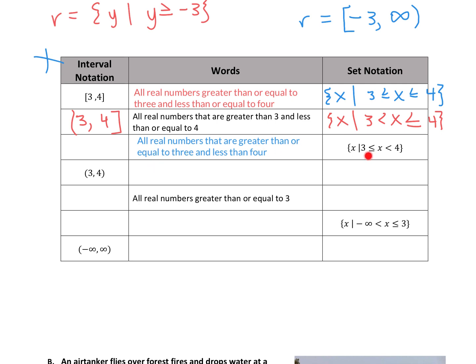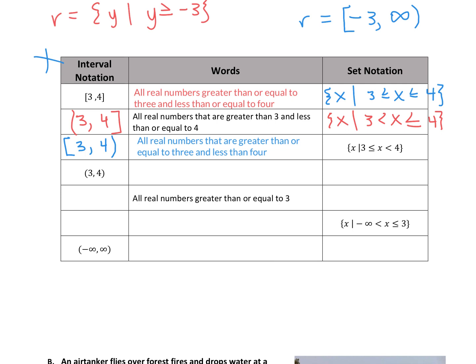There's that greater than or equal to 3, and less than 4, so it does not include the 4. So over here in our interval notation, 3 is our smallest value, 4 is our largest value. X is greater than or equal to 3, so we include the 3, but it has to be less than 4, so we do not include the 4. So bracket on the left with the 3, parenthesis on the right.